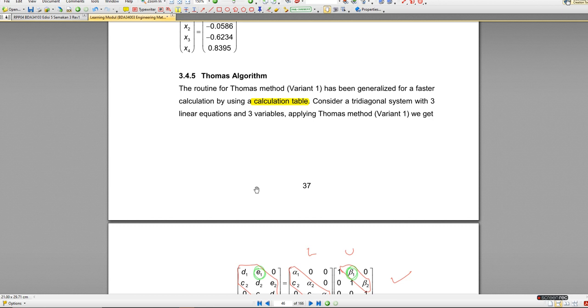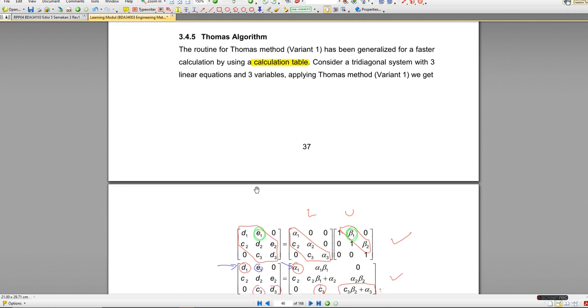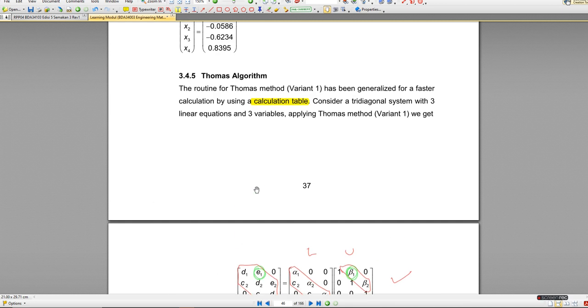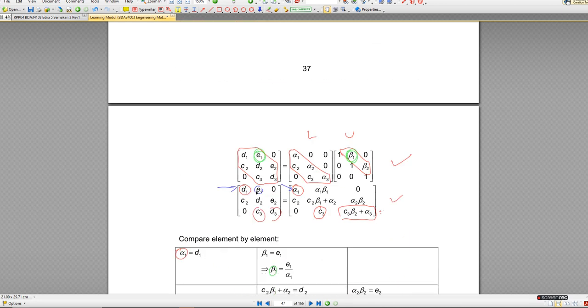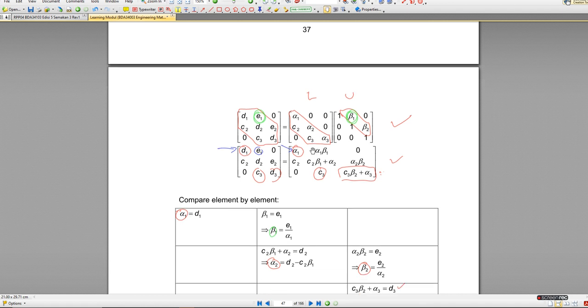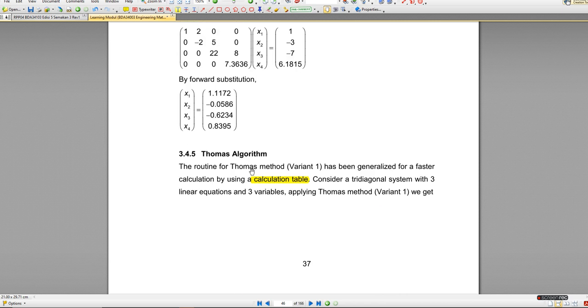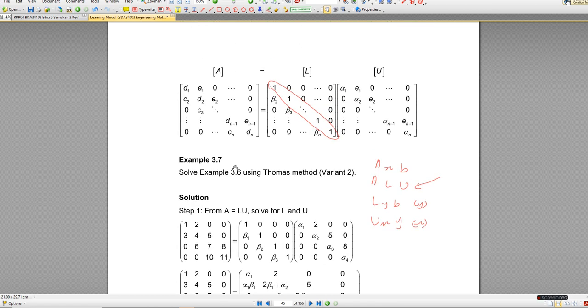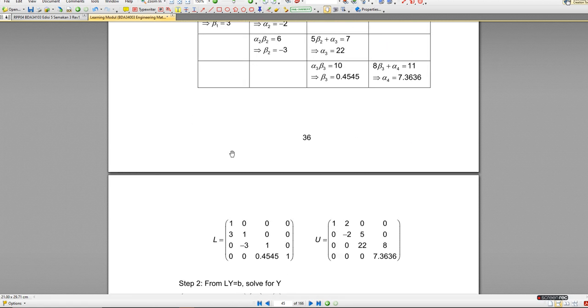For the Thomas algorithm, it is slightly the same as the Thomas variant 1 method, but you can see that matrix A, matrix L and matrix U are slightly different in terms of D, C and E, while the other one does not have such D, C and E.